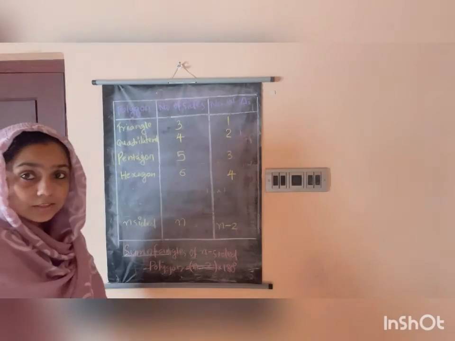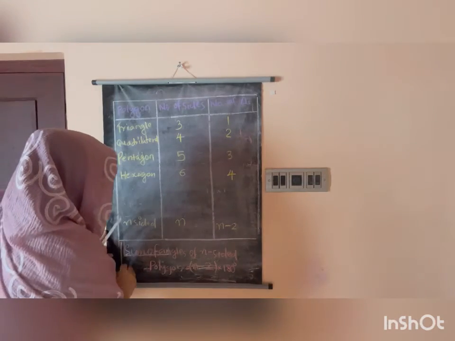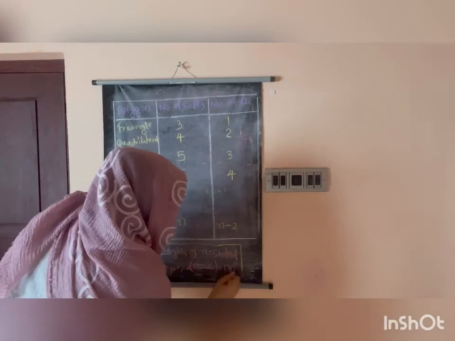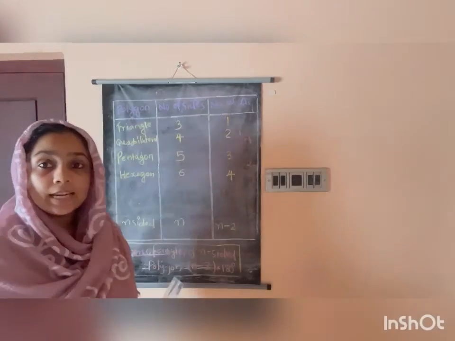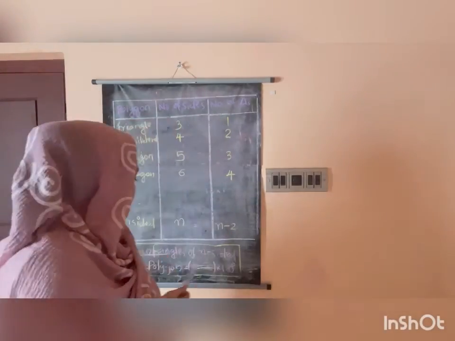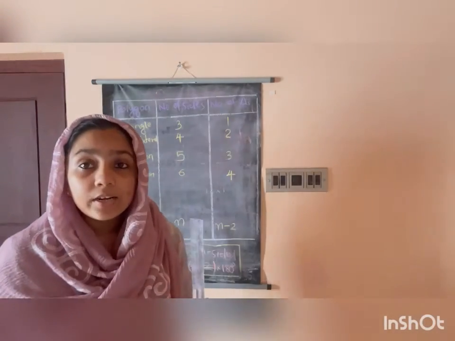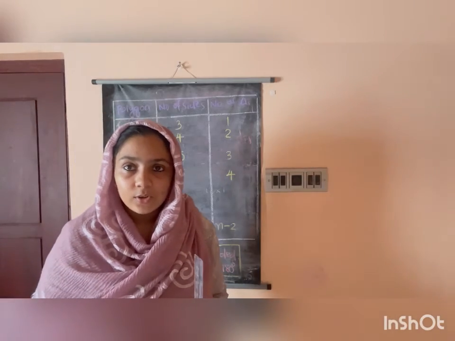All of you understood how it came? So, we can find the sum of angles of an n-sided polygon using this equation. Here in the n, we can give the given number of sides. Okay? Given number of sides.